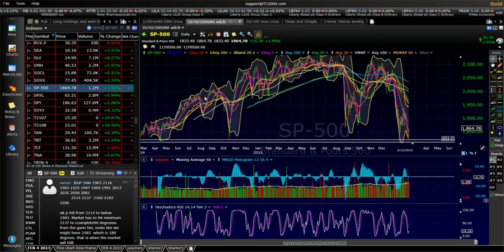Essentially, this is all about supply and demand. That's what the market is built on. So if we overdo it to the upside, you have people that start locking in profits and dumping supply into the market.